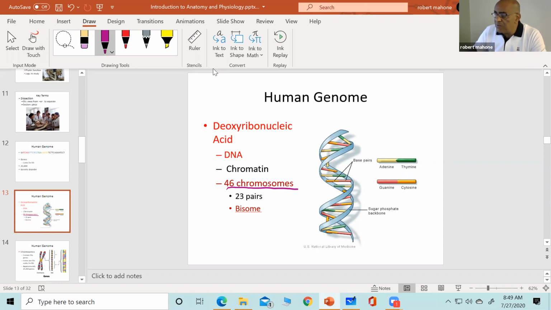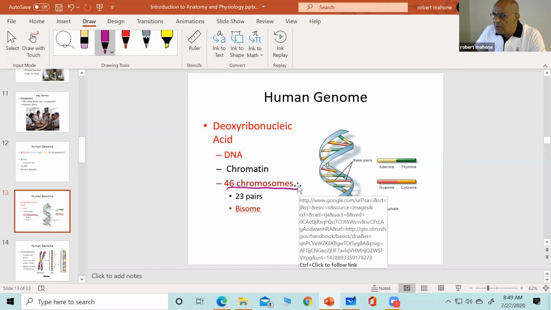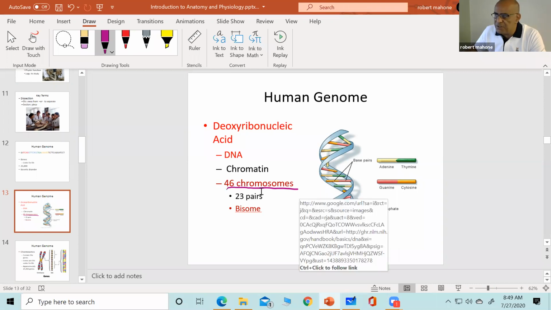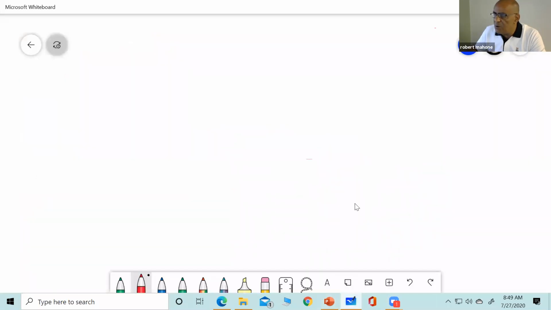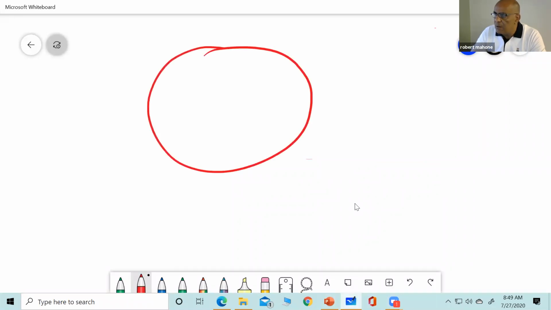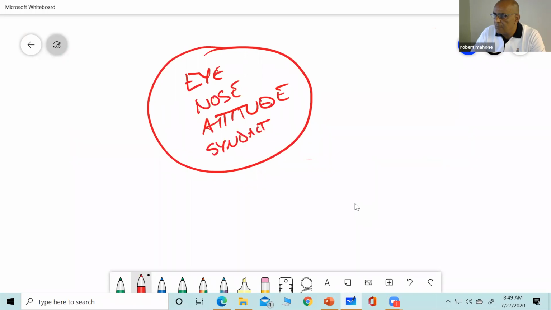Now, this is the part that they really are having difficulty understanding, how this stuff works. Because inside a chromosome, one chromosome could contain eye color, what your nose is going to be like, what kind of attitude you're going to have in your life, all the way down to syndactyly, an extra toe.